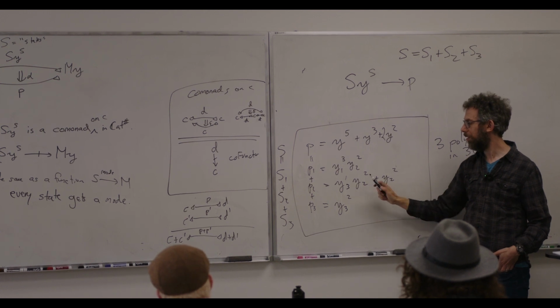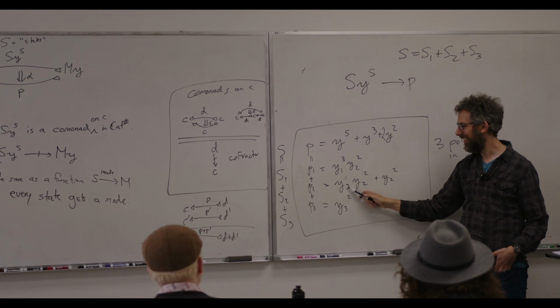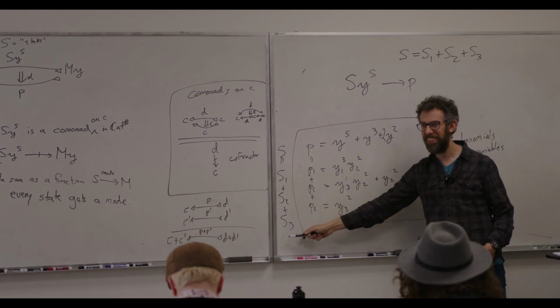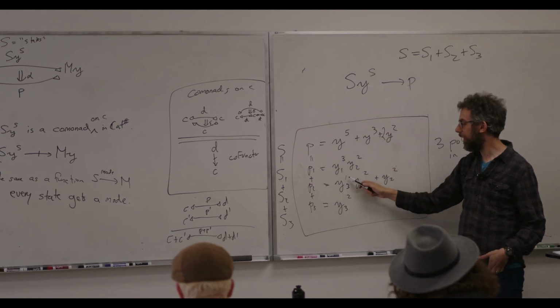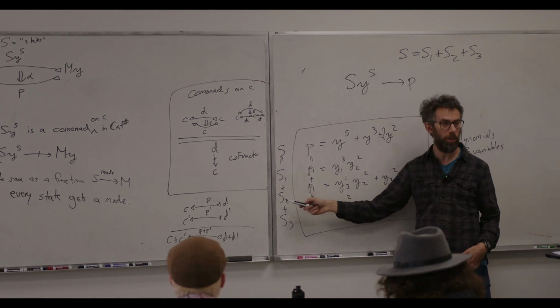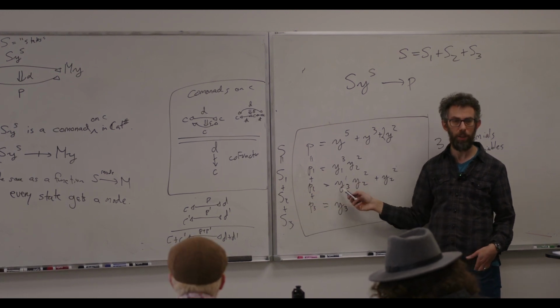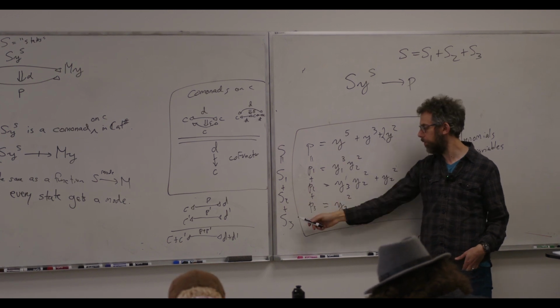A state in S3. Yes. So each of these directions tells us which mode we're required to go to. We don't know what state we're going to go to, but we're going to go to a state in mode 3 or in mode 2.